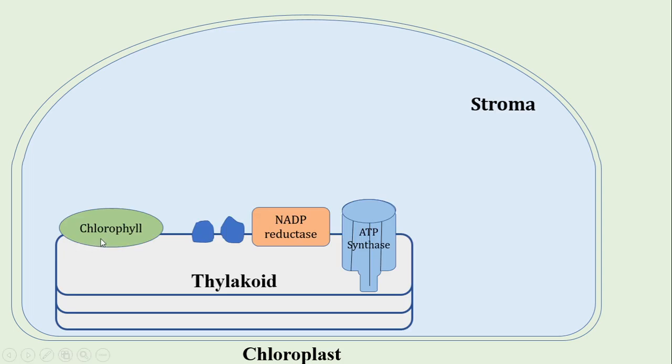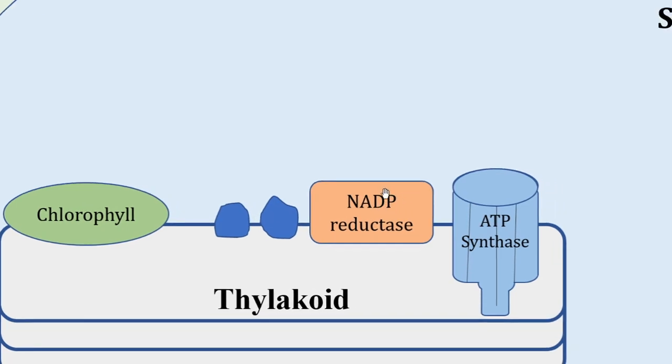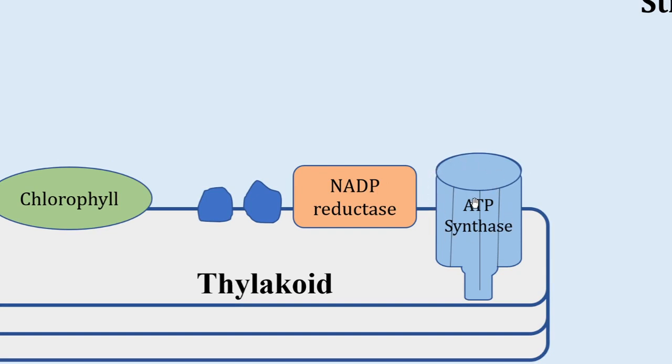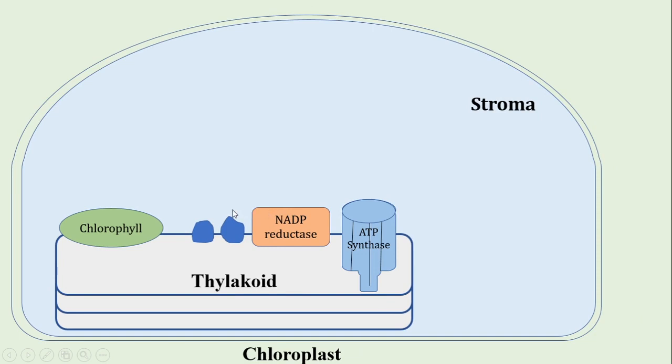What are the important components of photosystem? Here we see the chlorophyll, and these two molecules are electron transporters, electron carriers. This one is the NADP reductase enzyme. This one is the ATP synthase enzyme. These are the important components of photosystem. And how does the light dependent phase start in the thylakoid?